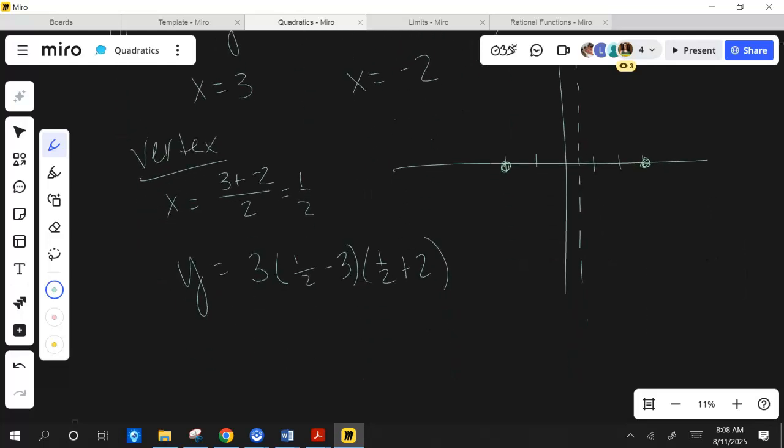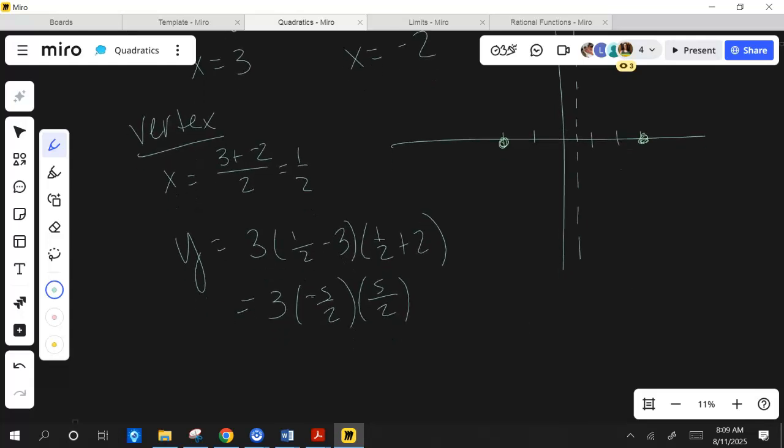Okay, a half minus 3 would be negative 2.5, which is negative 5 over 2. A half plus 2 is positive 2.5, which is 5 over 2. What does that give me? 25 times 3 would be 75. Of course, you can use a calculator if you have one. Negative 75 over 4.